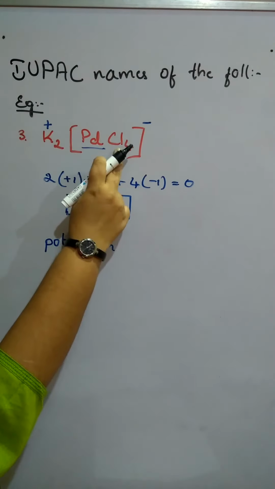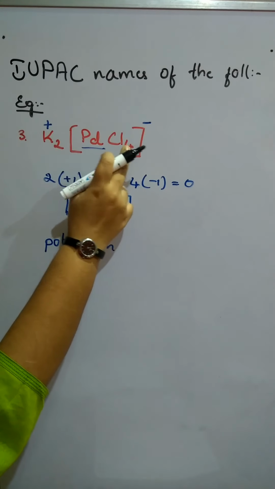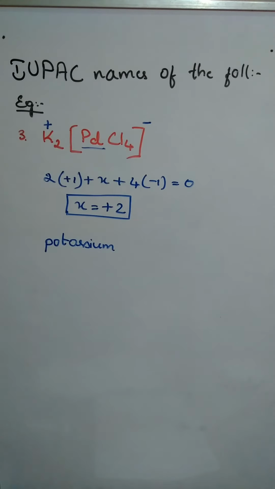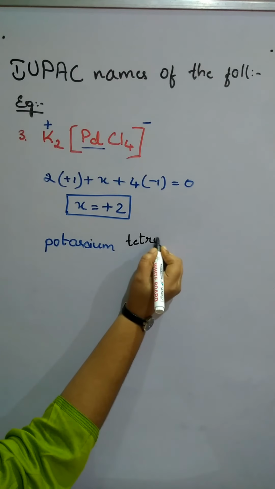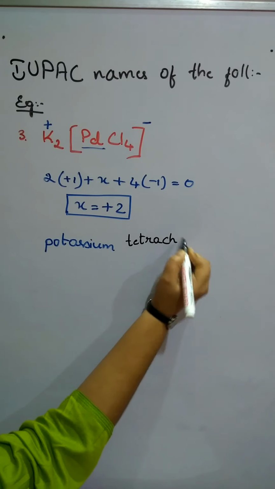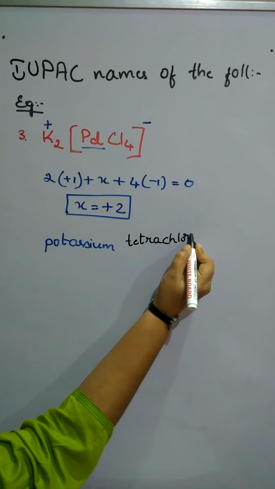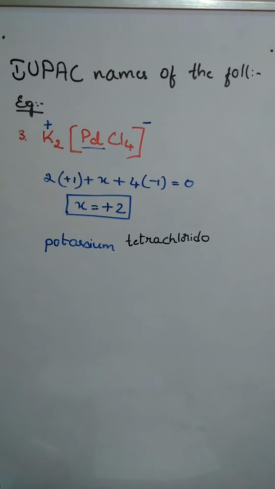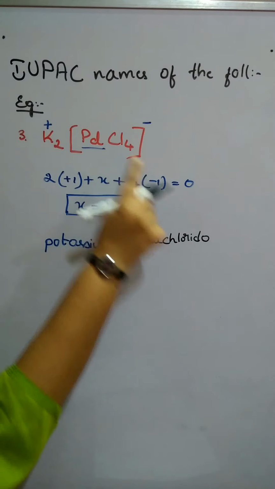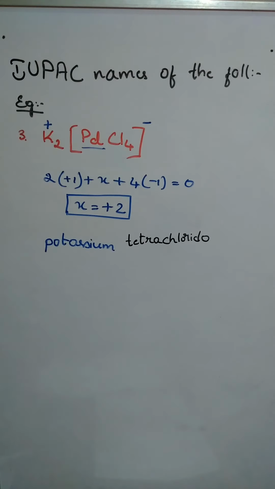So we need to name the ligands. Only one type of ligand we have, and four chloride ions are there. So 4 as a numerical prefix, we mention as tetra. Chloride we cannot write, chlorido, we know that. As it is a negatively charged ligand, the name should end with IDO.